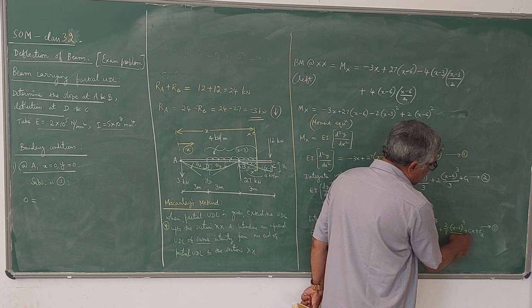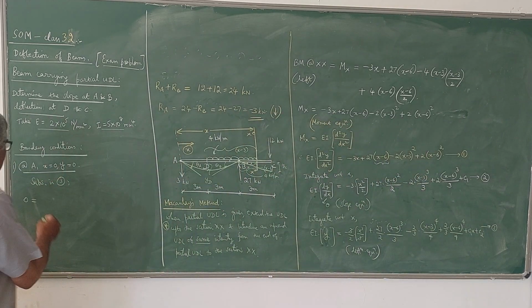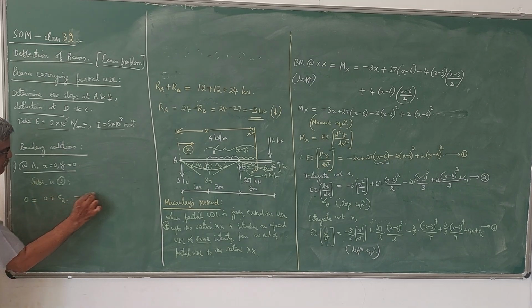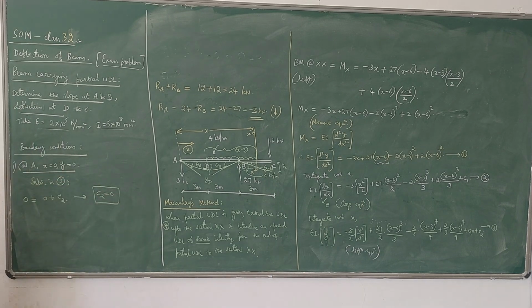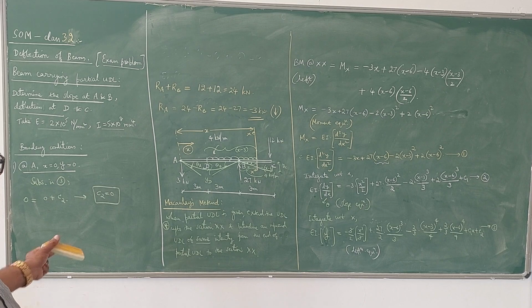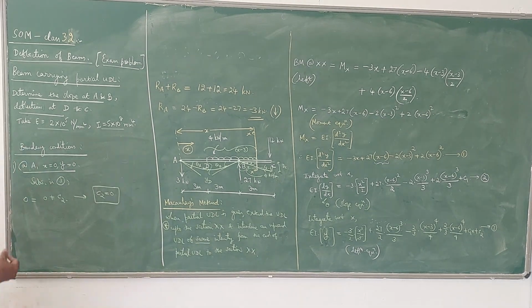C1x is also 0 because x is 0, only C2 will be there. All the terms become 0, the last term will be C2, therefore C2 is equal to 0. That is the first value of the constant of integration.